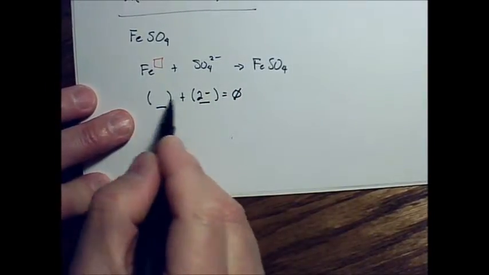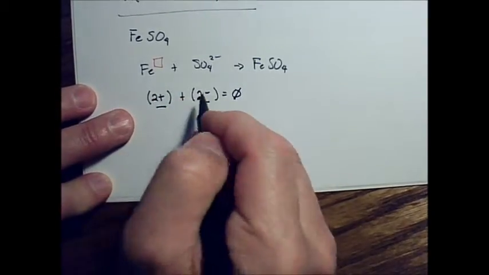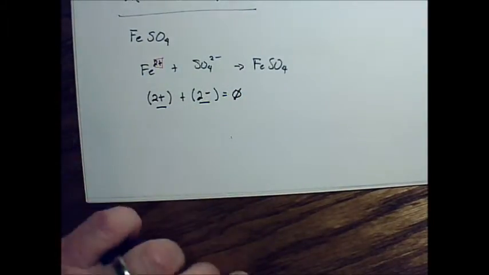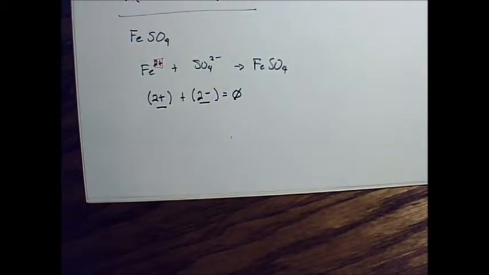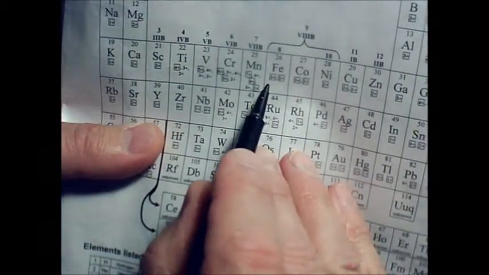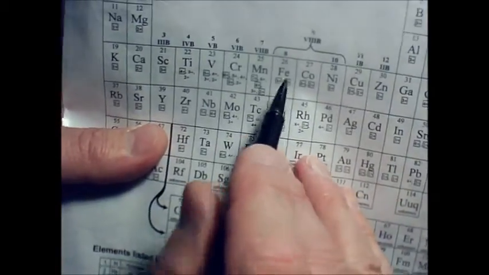So what's got to go here to make this work out? 2 plus. Well, if I have a 2 plus here, this must be 2 plus. Now I need to look on my periodic table with oxidation numbers and make sure that iron has a 2 plus charge that I can use. And here's iron right here. And sure enough, it has a 3 plus and a 2 plus charge. So I can use the 2 plus charge.